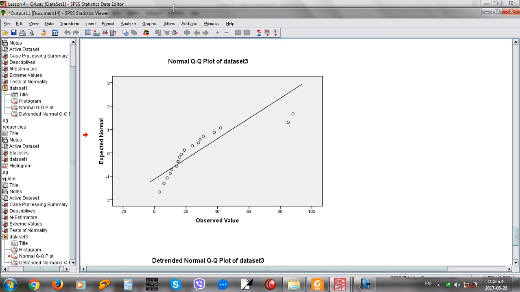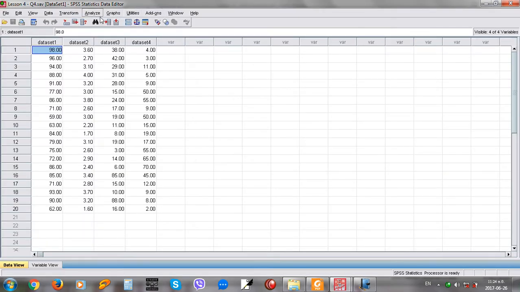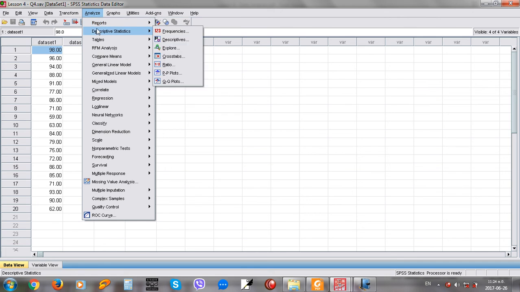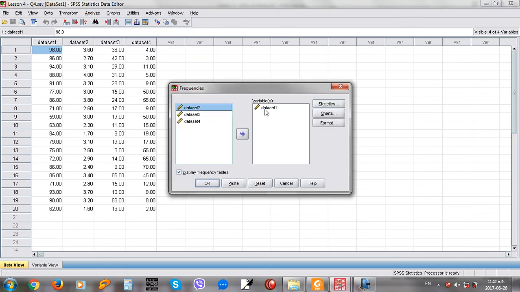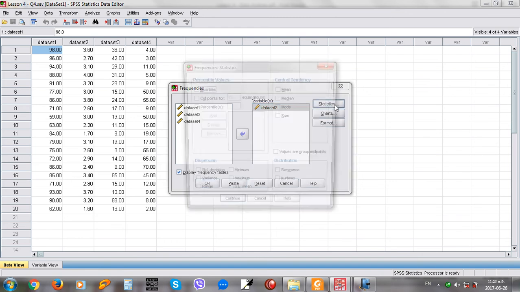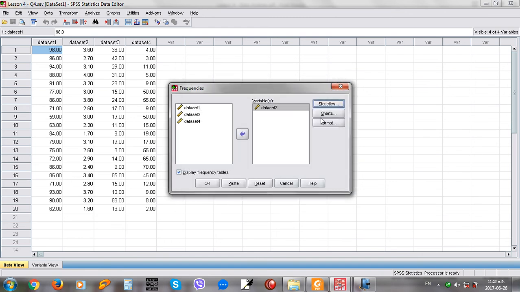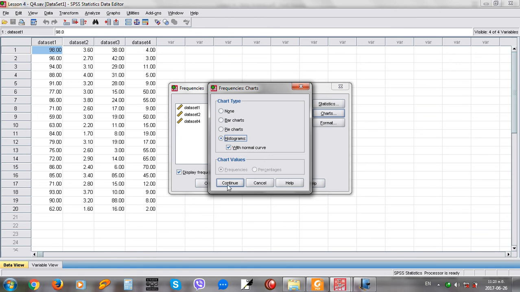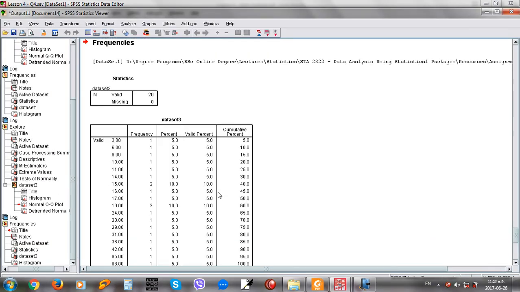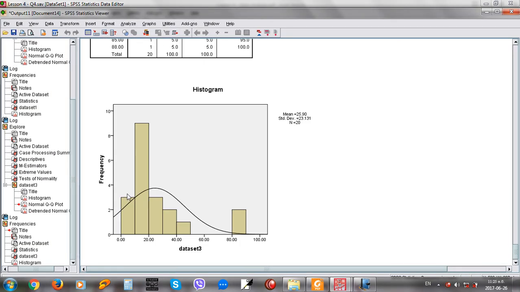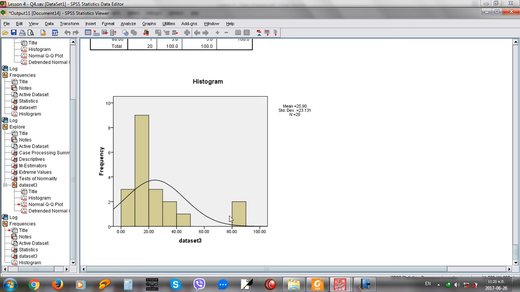So we can take the histogram: analyze, descriptive statistics, frequencies. We have to take data set 3, then charts, histogram with normal curve, then okay. We'll see that it is only a part of a normal curve, it is not normal. So this data set 3 is not normally distributed. I think now you understood how to check the normality of data.